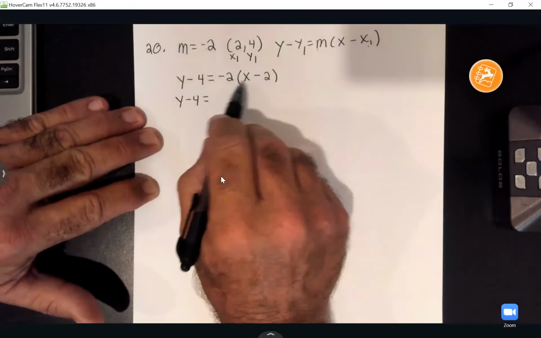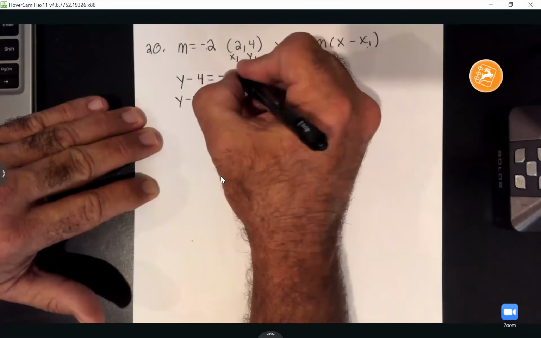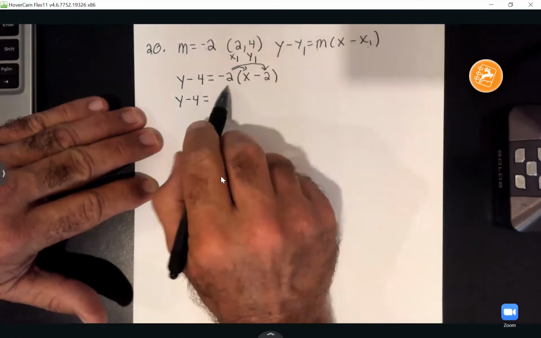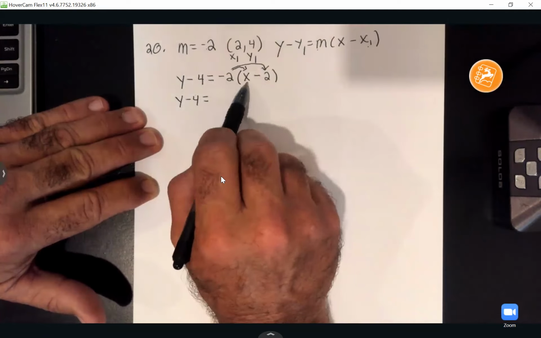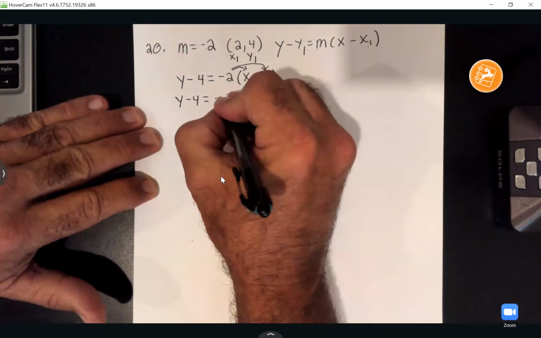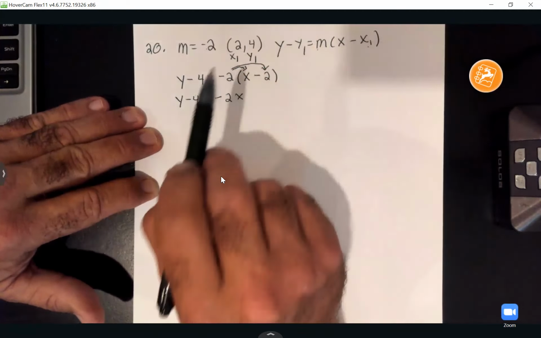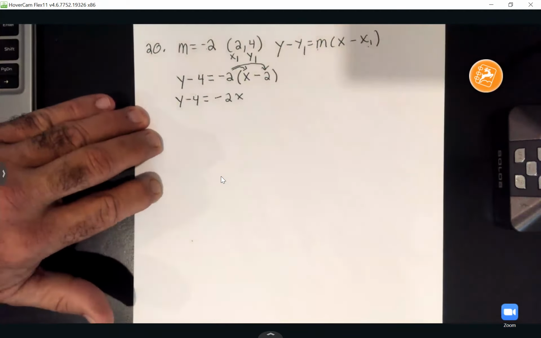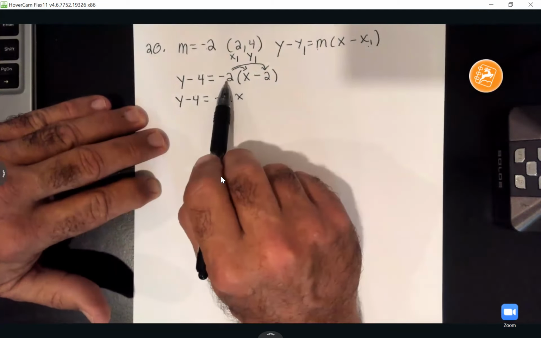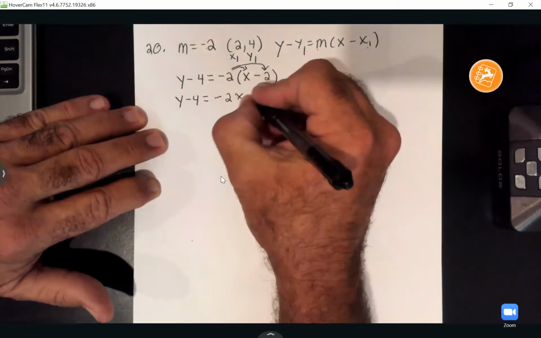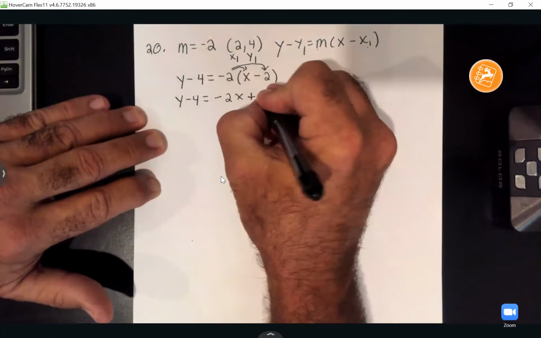The first thing I got to do is get rid of these parentheses by distributing my -2. So -2 times x is a -2x. That -2 times that -2, a negative times a negative makes that a +4.